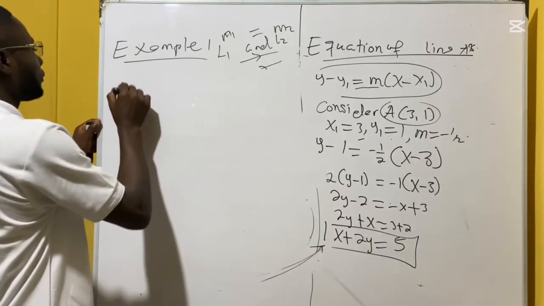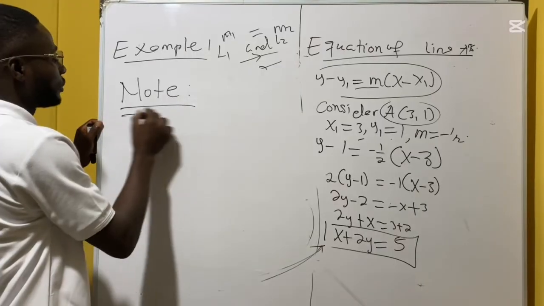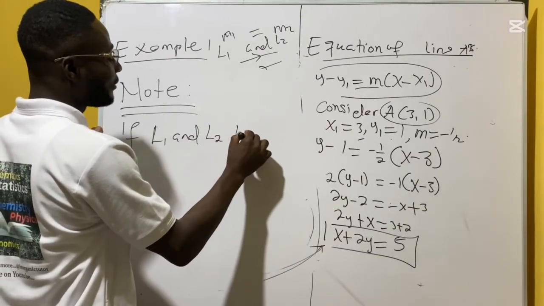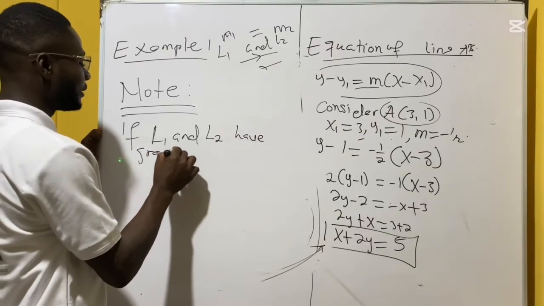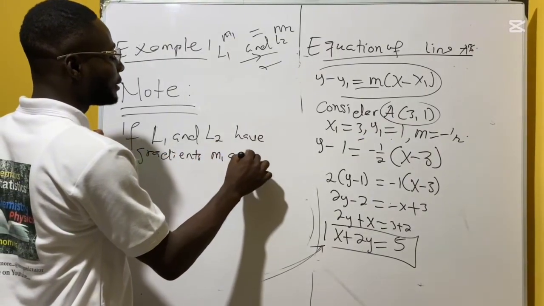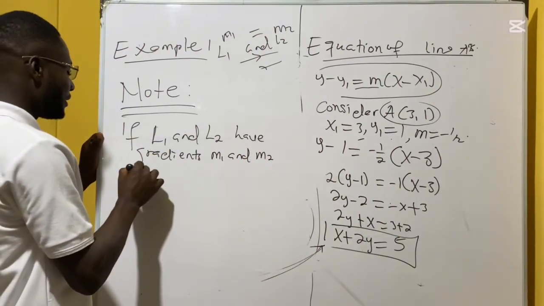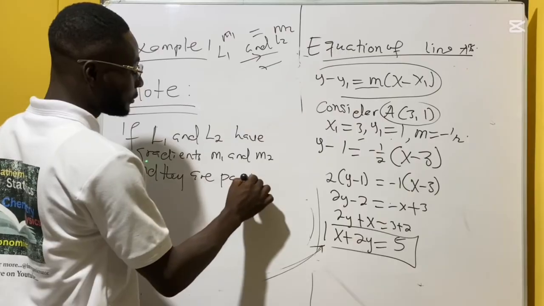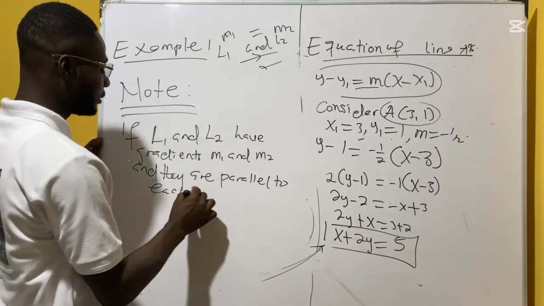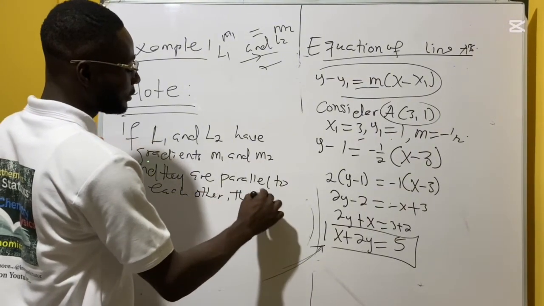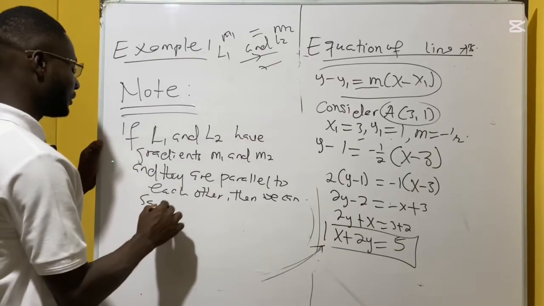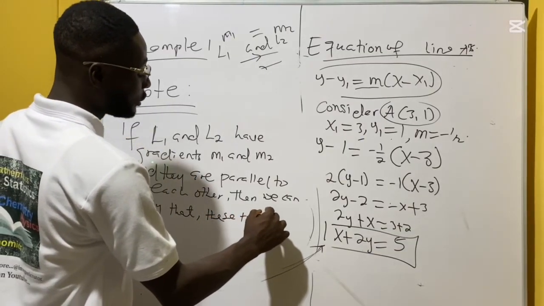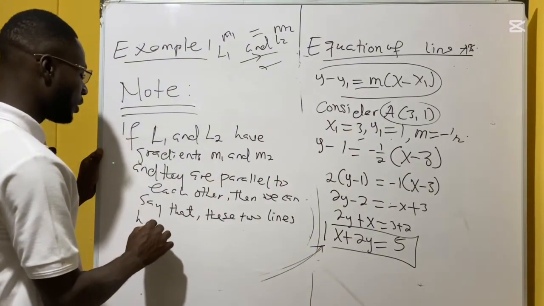So note, if L1 and L2 have gradients M1 and M2, and they are parallel to each other, then we can say that these two lines have equal gradients.